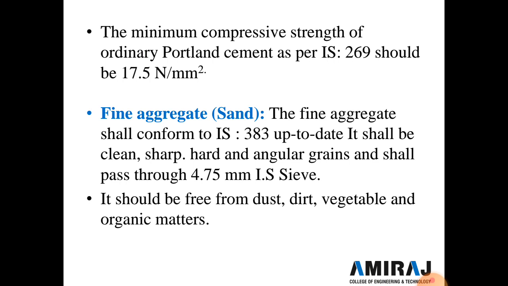We get this value after 28 days, when we prepare a cube of 15 centimeter by 15 centimeter by 15 centimeter dimension. After 28 days we get a strength of 17.5 Newton per mm square. It is the compressive strength of the OPC.